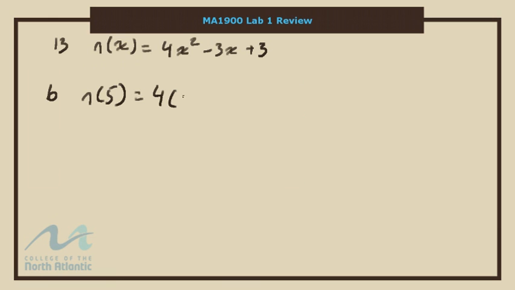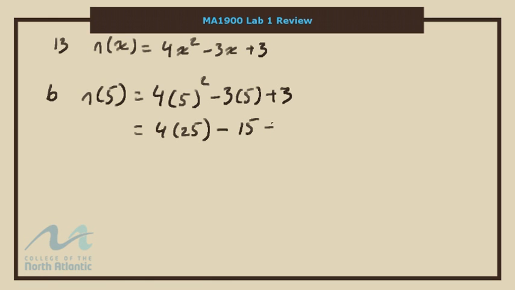It's going to be 4 times 5 squared minus 3 times 5 plus 3, which is going to equal 4 times 25 minus 15 plus 3, which is going to equal 100 minus 12, which is going to equal 88.